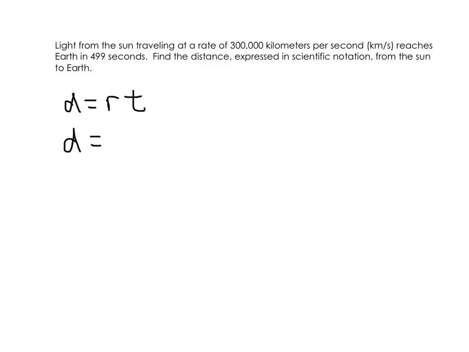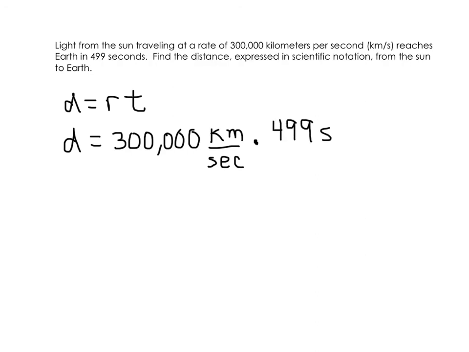The rate at which light travels is 300,000 kilometers per second. The time that it takes to reach the Earth is 499 seconds. Notice those seconds cancel and leave us with kilometers.